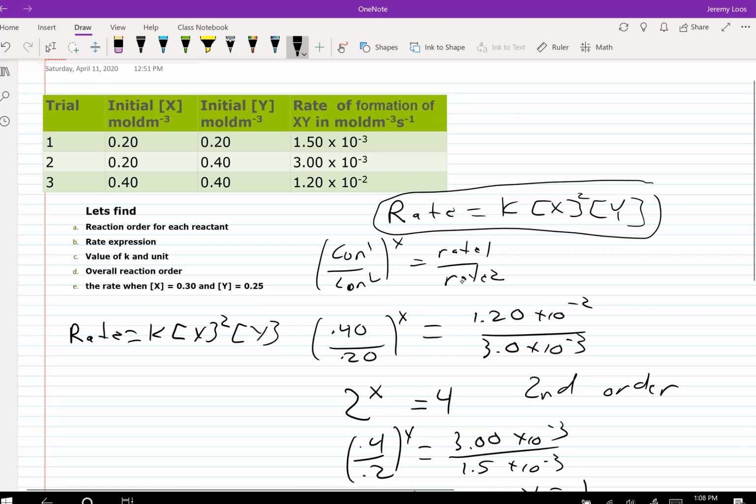So to solve for K, I could move both of these things over here, divide both sides by x squared y.